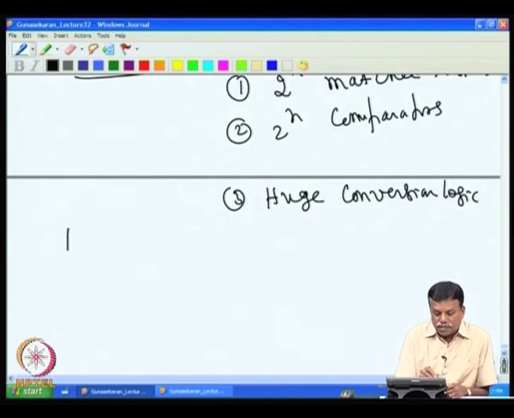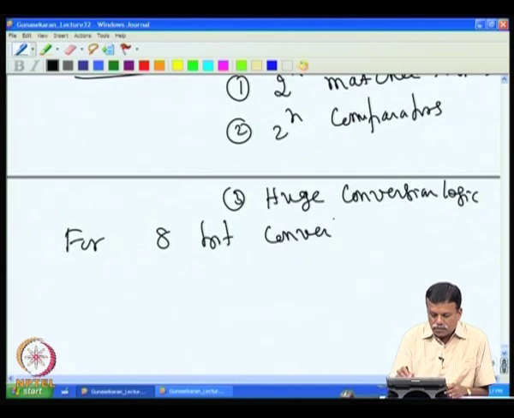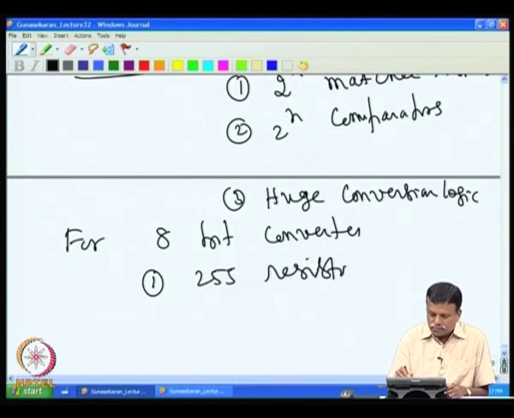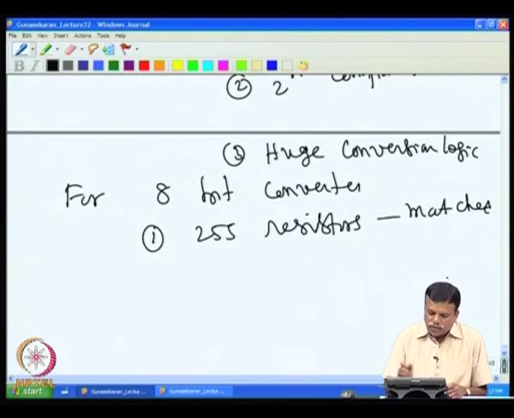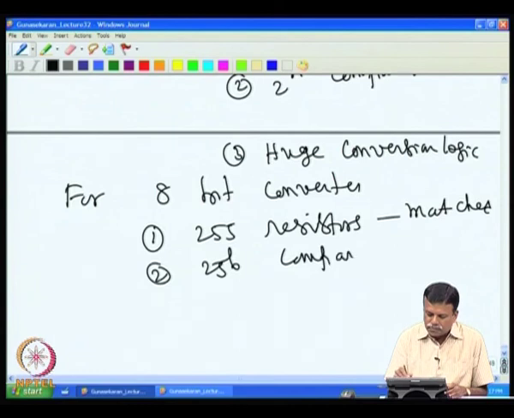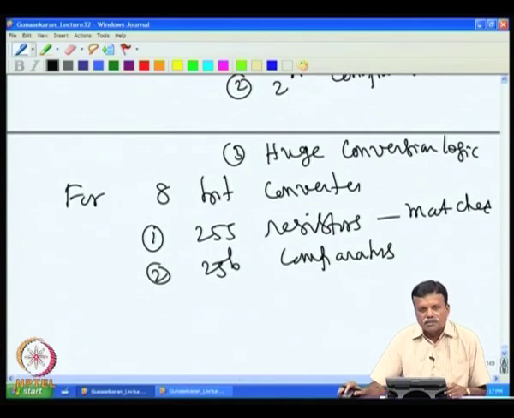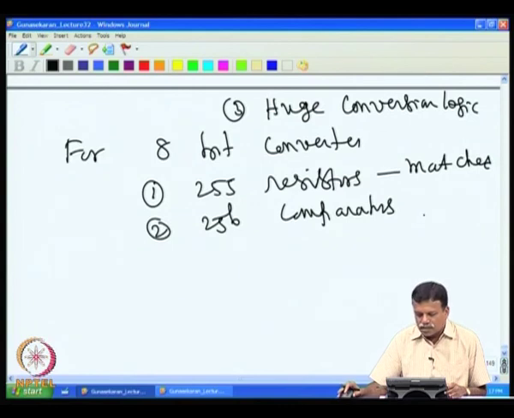For example, for an 8-bit converter, we need 255 resistors, matched to an accuracy of 0.4%, then 256 comparators. This is possible, so an 8-bit converter is possible; one can manage 255 resistors and 256 comparators.